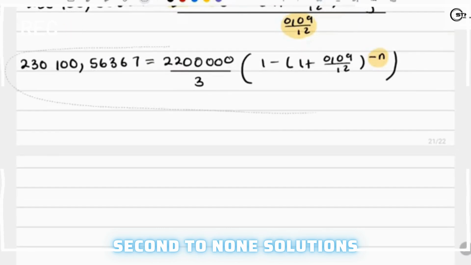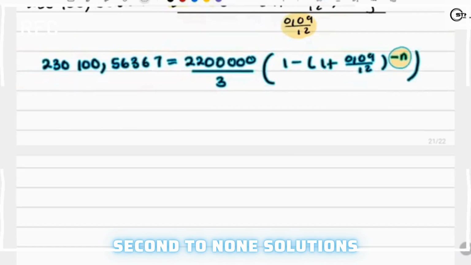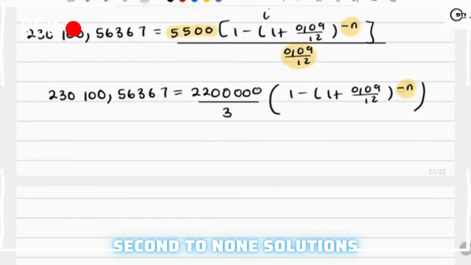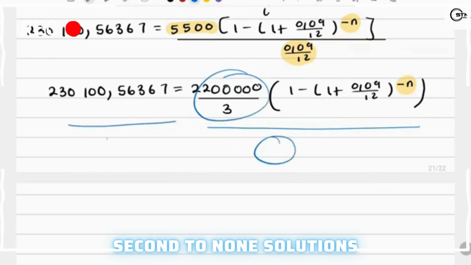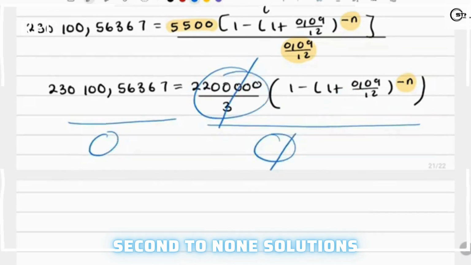So at this point we're trying to get to the n. Since you want to get to this, we have to get rid of this number first, because it is the first thing that needs to leave so that you can get to the n. How do you get rid of that number? This number is being multiplied to this, so if you divide both sides by that number, you would get rid of it.